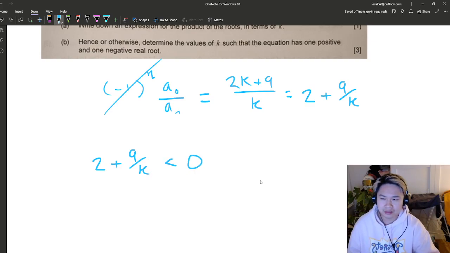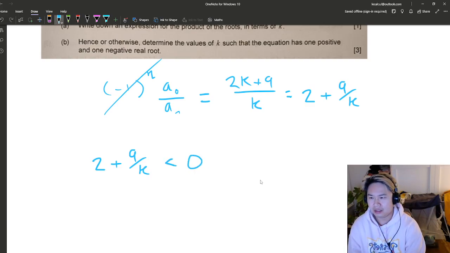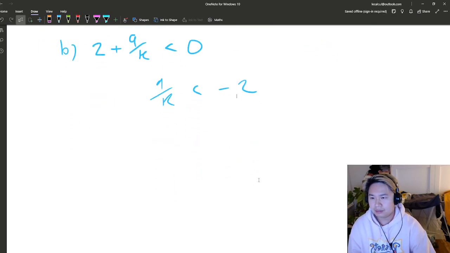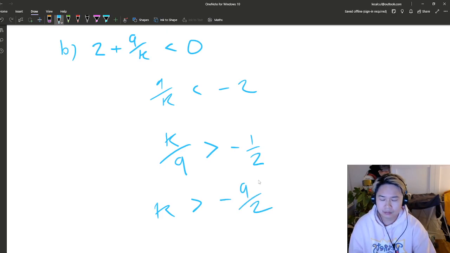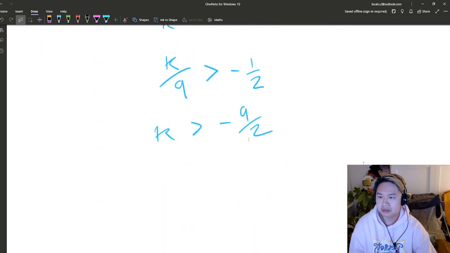So you're essentially just solving this inequality, right? Solve for k. So 9 over k needs to be less than -2. Which means that there's lots of ways to solve this inequality, but I'm just going to take the reciprocal, which would flip the inequality, -1/2. So k needs to be greater than -9/2. Sure, that was pretty easy.